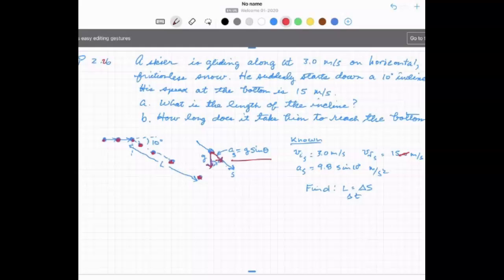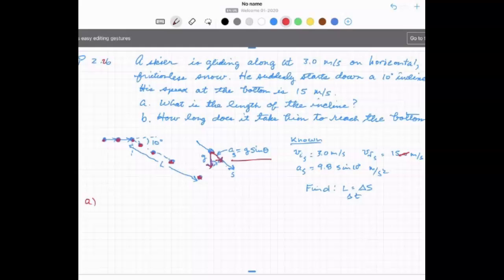In part A of the problem, we want to find a displacement, and we know what the final velocity is and what the initial velocity is.